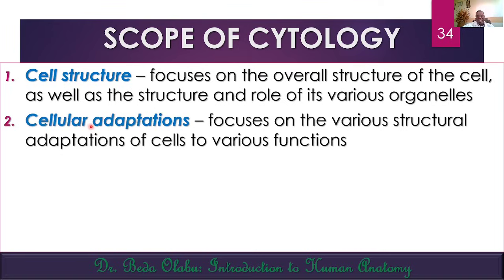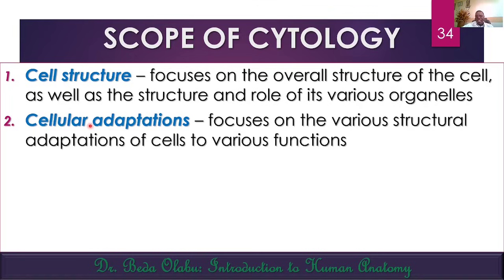Then another one is cell adaptations. The background of this is that we know that a human cell will have 3 major components: a cell membrane, a cytoplasm, and a nucleus. Those are the 3 basic components of a cell. However, we know that different cells perform different functions.